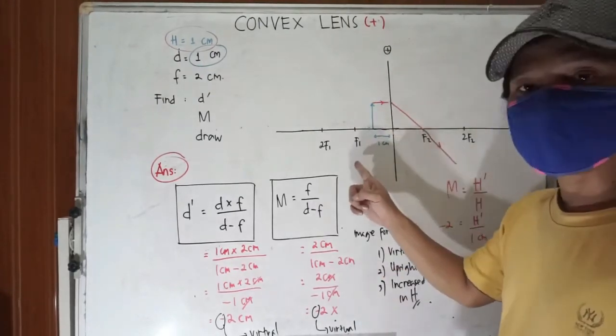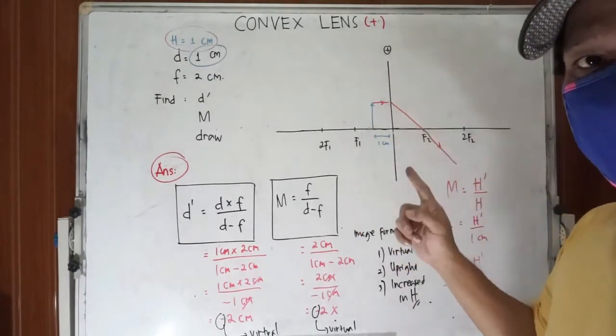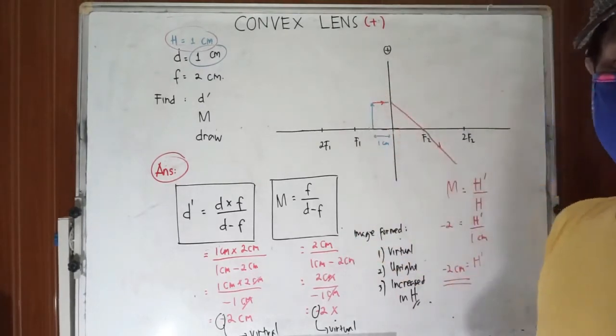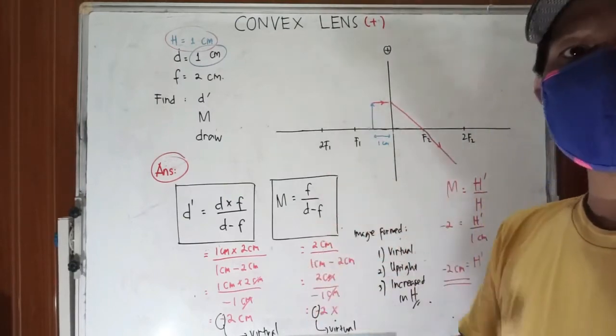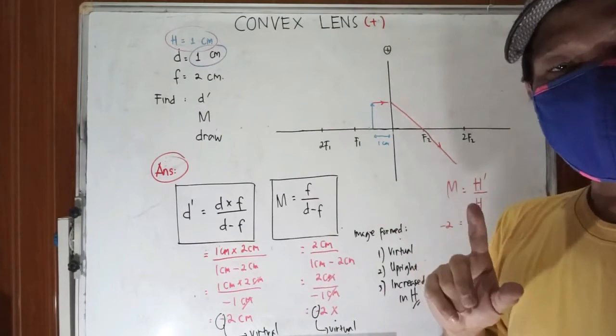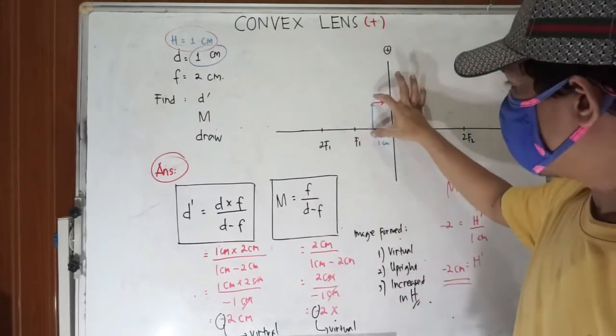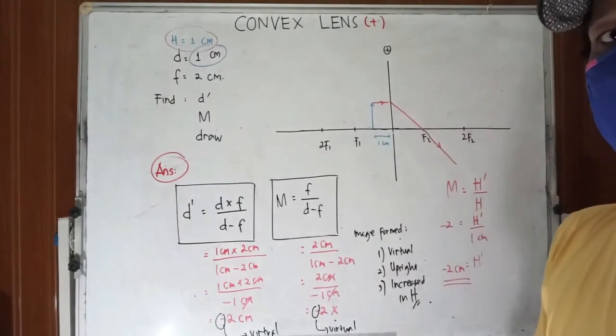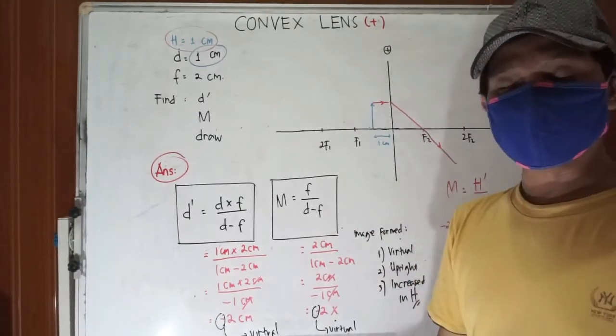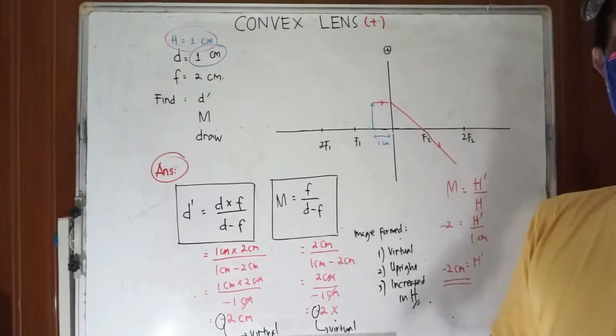Because the focal point is behind the object. No refraction to the focal point if the focal point is behind the object. Cannot refract. So because rule number 2 is not allowed, please use rule number 3.